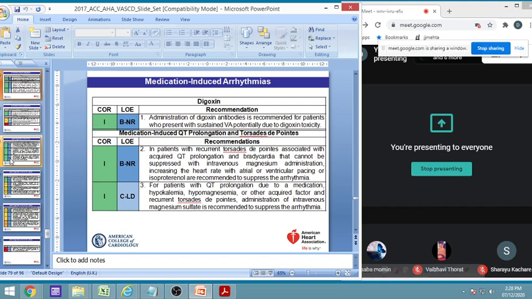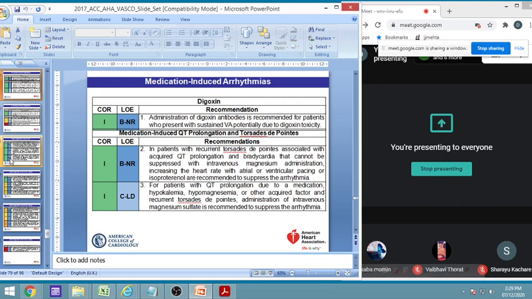is responsible for causing arrhythmias. So administration of digoxin antibodies is recommended in patients who present with sustained ventricular arrhythmias due to digoxin toxicity. In patients with recurrent SCD points, associated with acquired QT prolongation and bradycardia that cannot be suppressed with intravenous magnesium administration, an increase in the heart rate with atrial or ventricular pacing or isoproterenol is recommended to suppress the arrhythmias.